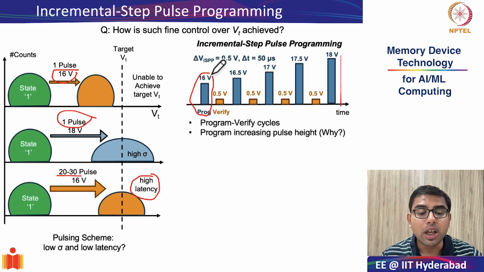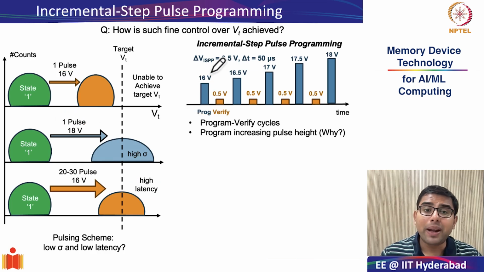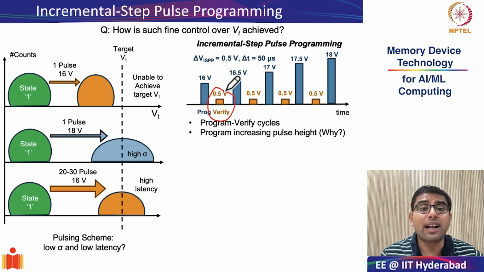Here it happens to be 16 volts. You don't apply the next program voltage immediately. You do a verify. Basically, the verify means you do a read. So after doing the program, you check what is the current threshold voltage value and whether it has reached the target threshold voltage value or not.